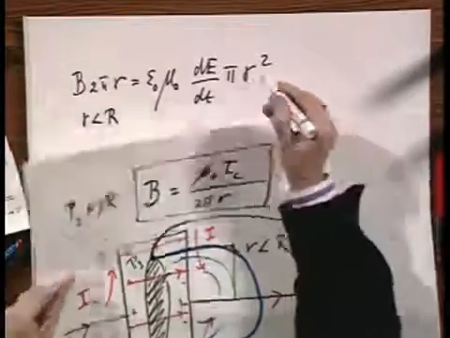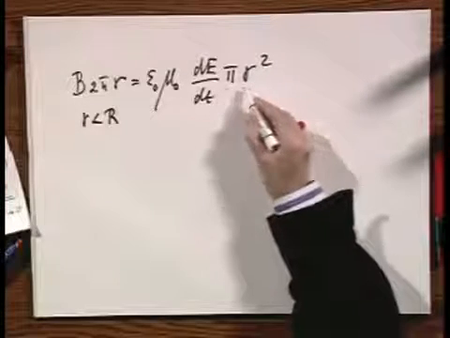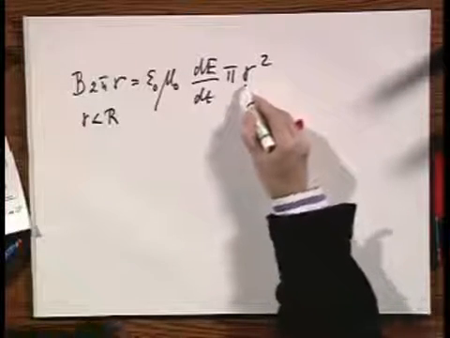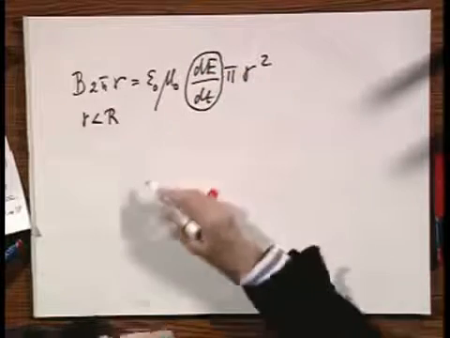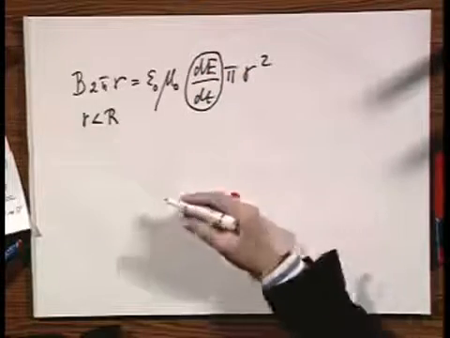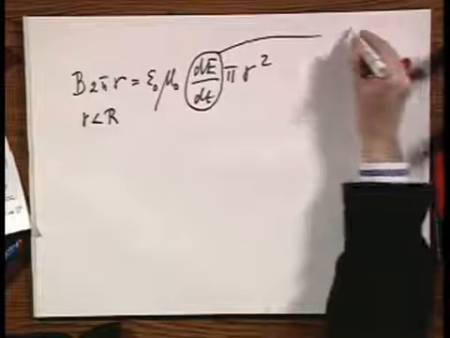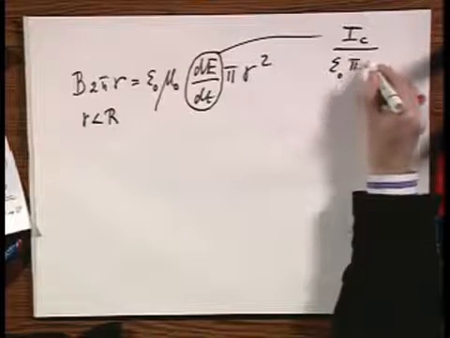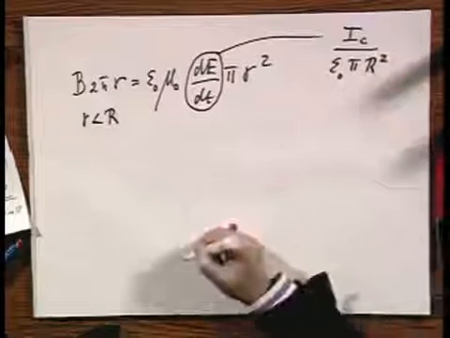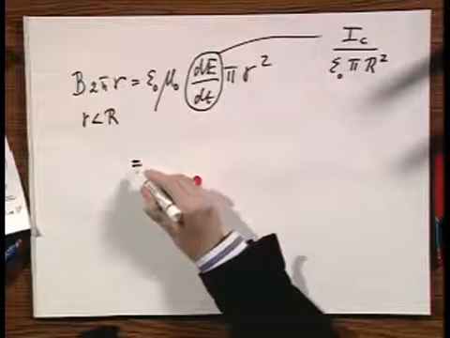And so if I apply the second term of Maxwell's equations, it is that area that I have to take into account. But we already calculated dE/dt. We just did that. That was, if I recall, I_C divided by epsilon 0 times pi capital R squared. So what do I find?